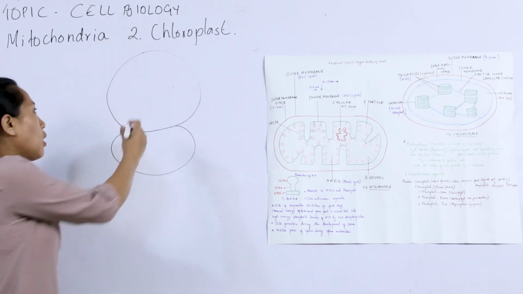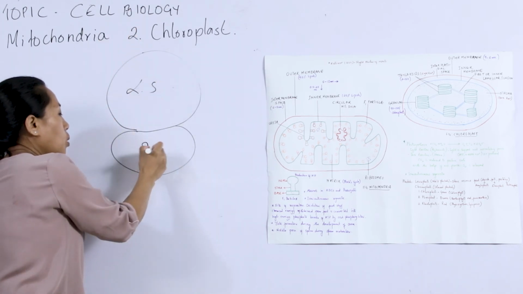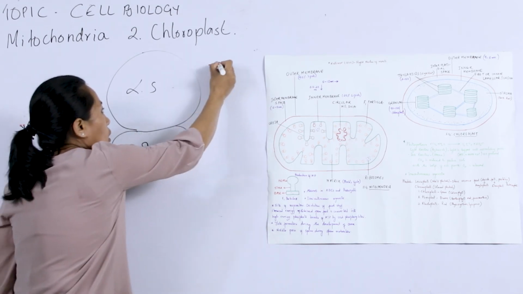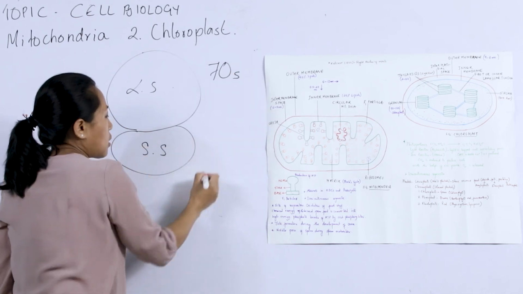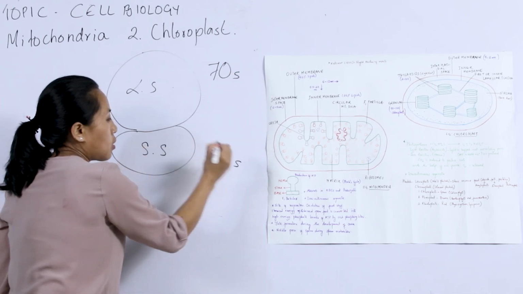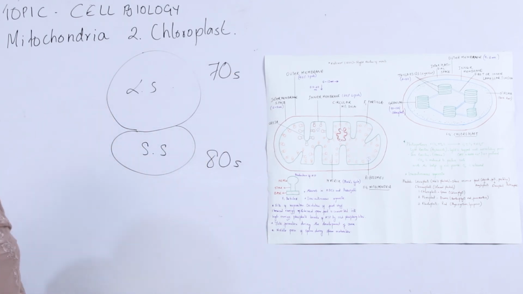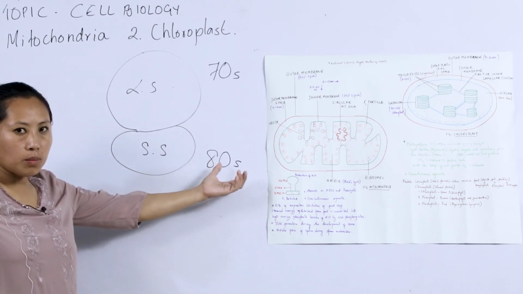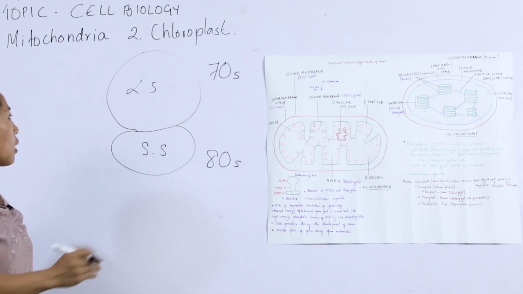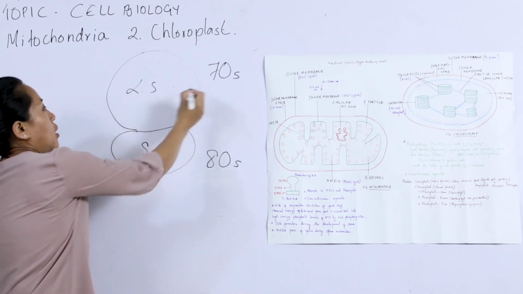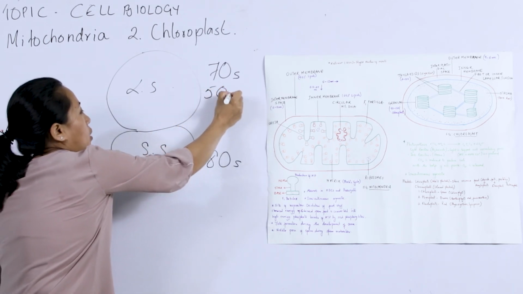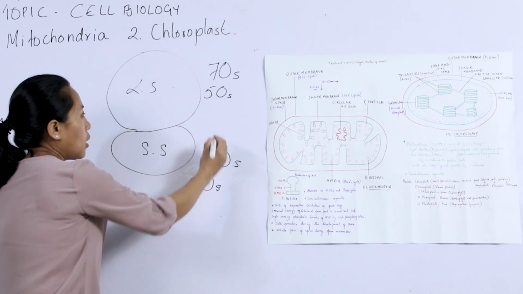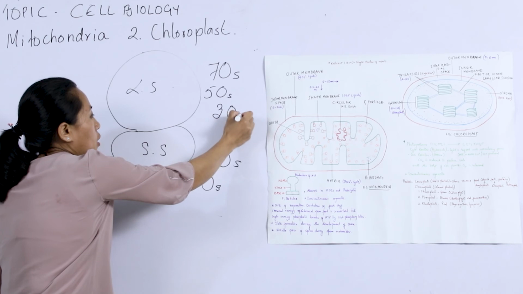two subunits, a large subunit and a small subunit. In prokaryotic cells, the ribosomes are of 70S type, and in eukaryotic cells, they are of 80S type. The letter S refers to the sedimentation coefficient. In prokaryotic cells, the large subunit is 50S and the small subunit is 30S.